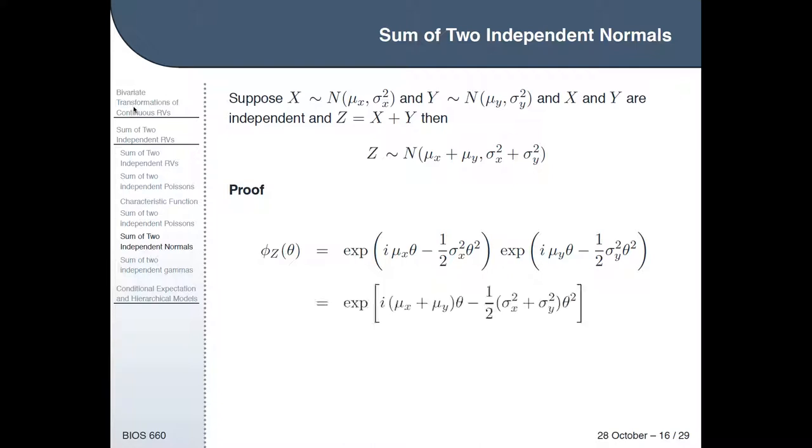Likewise for y, so when we combine those two terms together, we end up with e to the i times (mu x plus mu y) theta minus 1/2 (sigma x squared plus sigma y squared) times theta squared, which, once again, is precisely the characteristic function of a normal distribution with mean mu x plus mu y and variance sigma x squared plus sigma y squared. So once again, now we're done. We don't have to do any more convolutions or anything to come up with the distribution of x plus y.